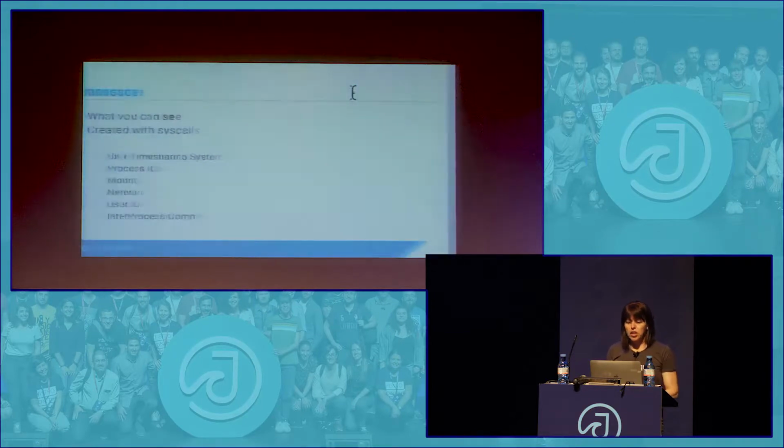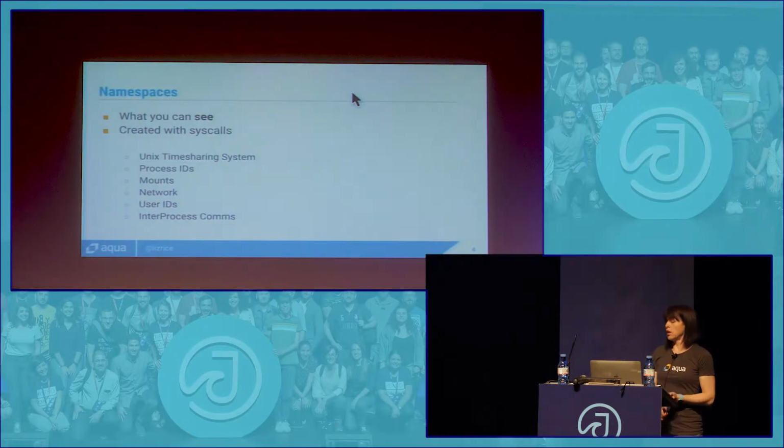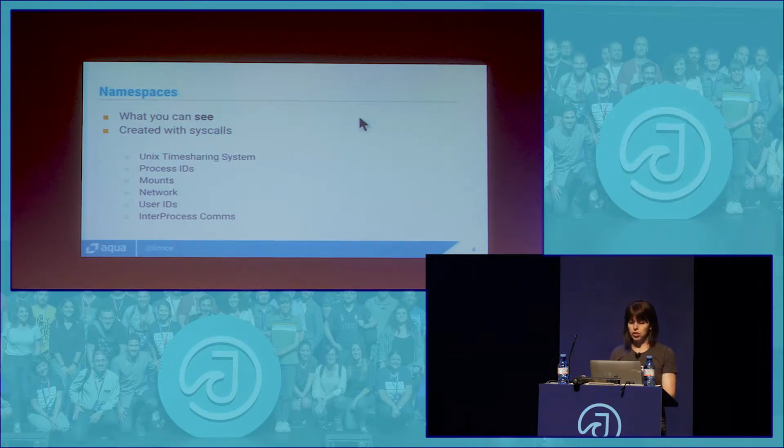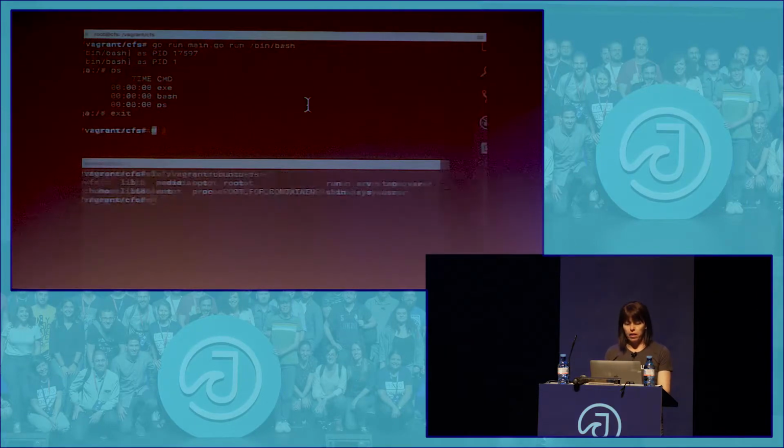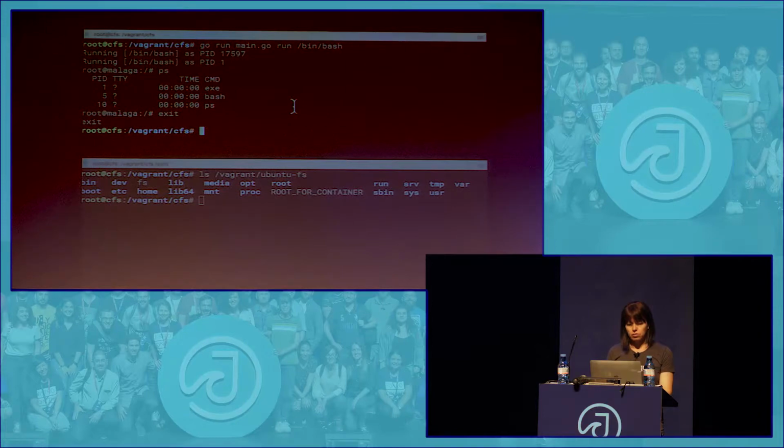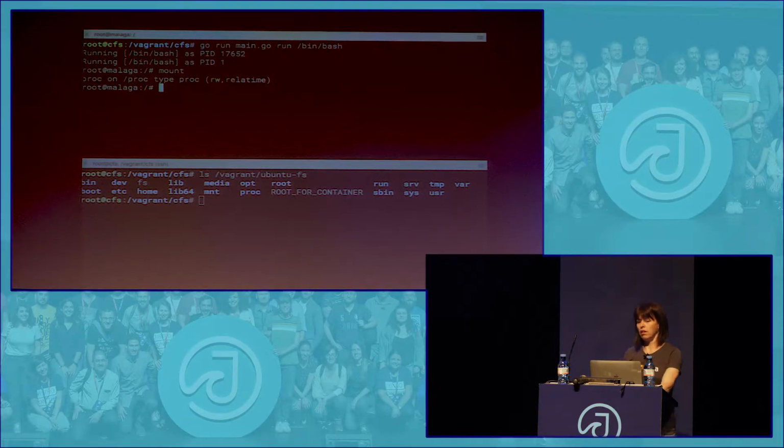Okay, so we've looked at the Unix time sharing system namespace, we've looked at the process IDs namespace. We can have a quick look at the mounts namespace too. Let's run the term again. So I've got this mount of /proc that we can see inside the container.